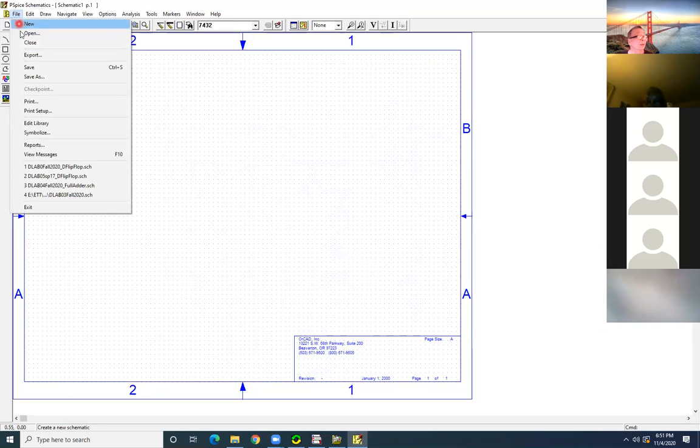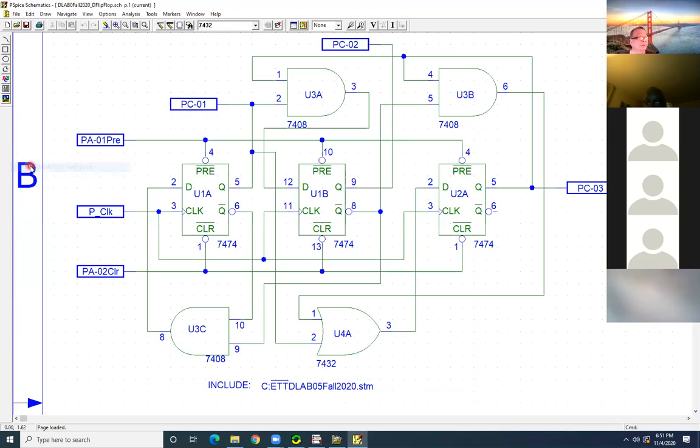Okay, so I can open it here. Oh, it's got the number 7474. Okay, yeah, I got it. That's fine.